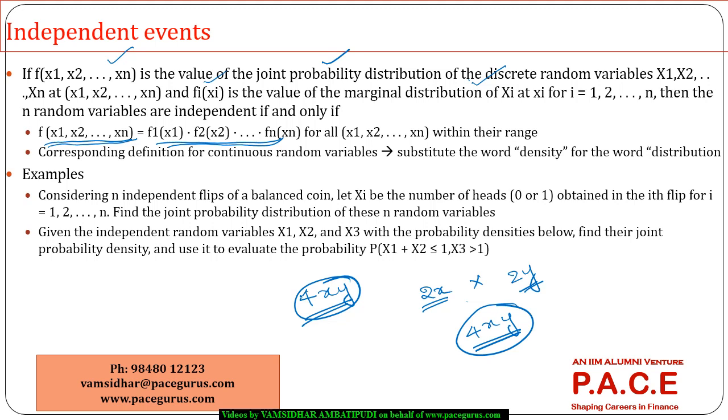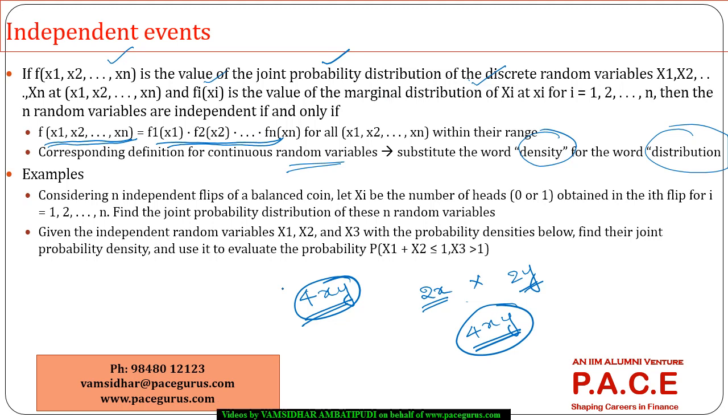Whereas in case of continuous, I can take the same statement by substituting density instead of distribution. If the joint probability density of different events is the same as the product of the marginal probability density function of each of those events separately, then we are still considering the events to be independent.